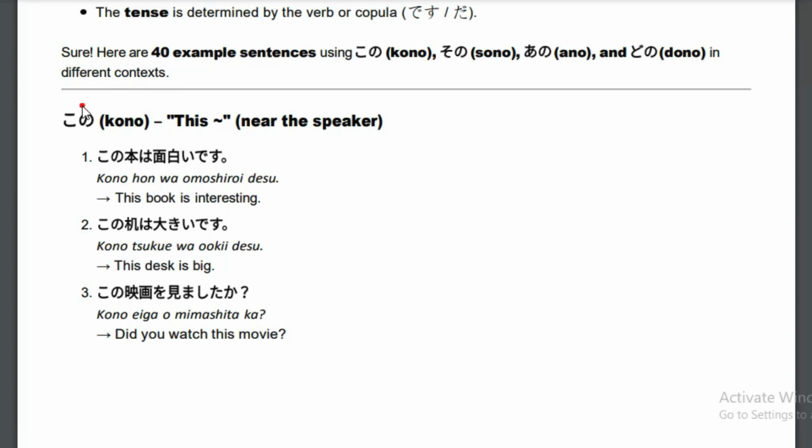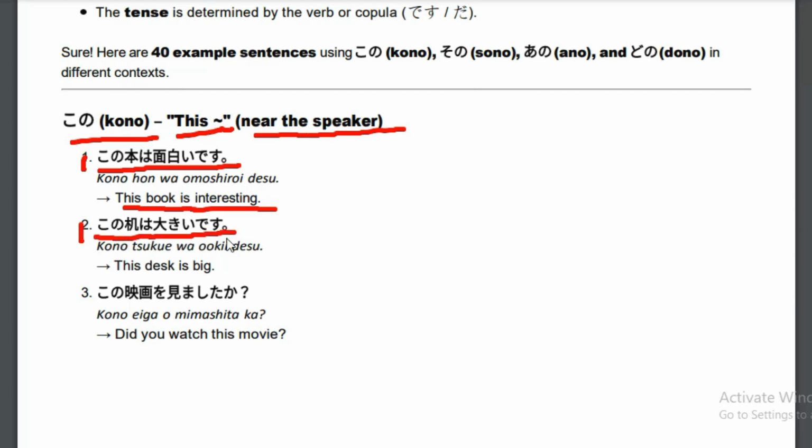Now let's see some examples of kono, means this, and it is near the speaker. The first one is kono hon wa omoshiroi desu, means this book is interesting. The next is kono tsukue wa ookii desu, means this desk is big.